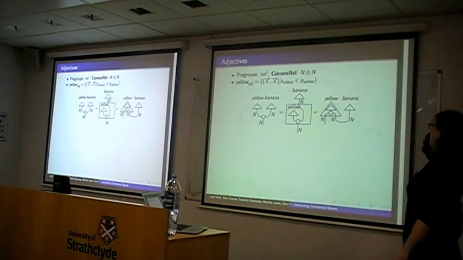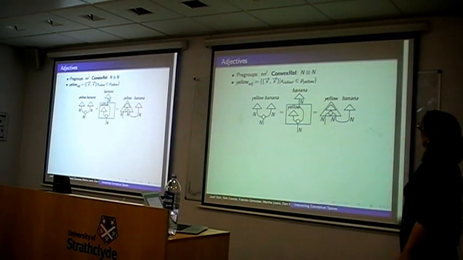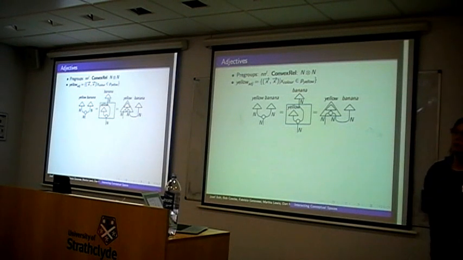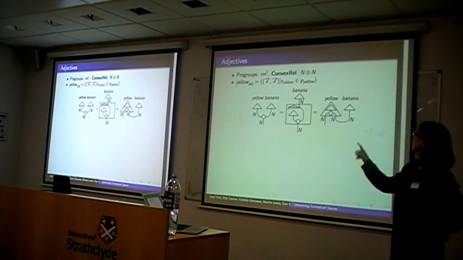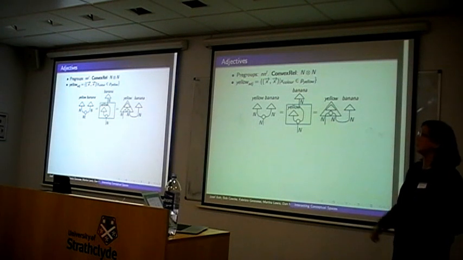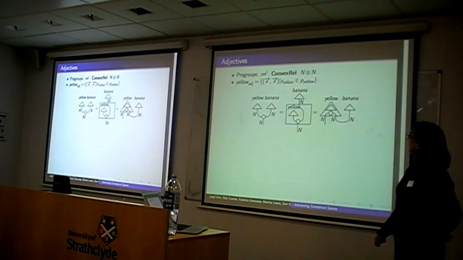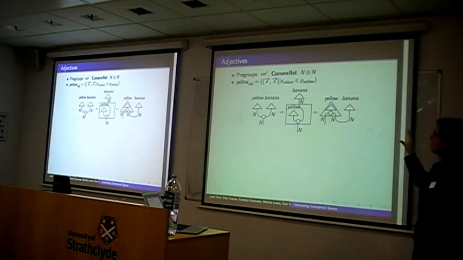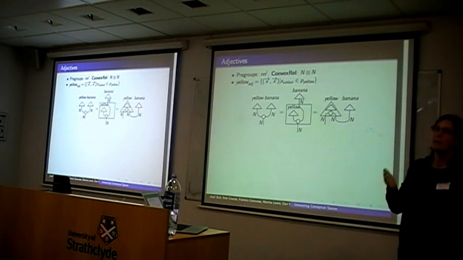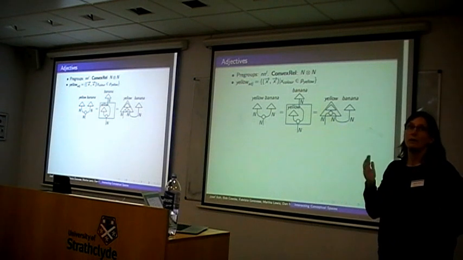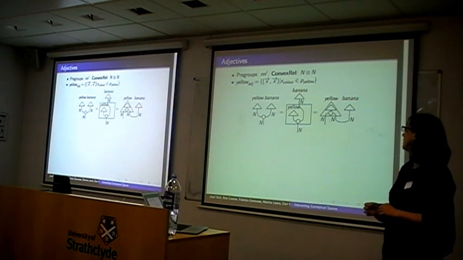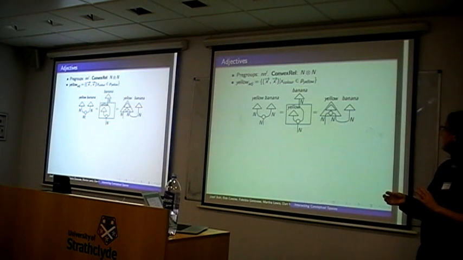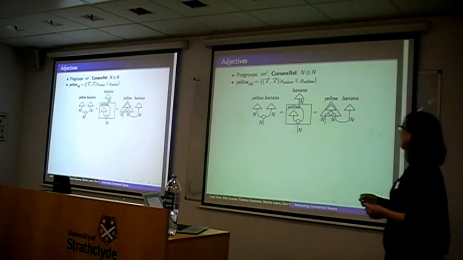So for adjectives, in pre-group grammar, the adjective type is n left adjoint. So in convex rel, it's in the noun space tensored with the noun space. And here, what I'm going to do is contrast two types of adjectives: intersective adjectives, which are very easy, where you just take the intersection of two nouns, essentially, versus non-intersective adjectives, which are a little bit more complicated.